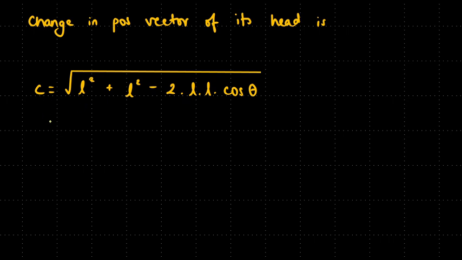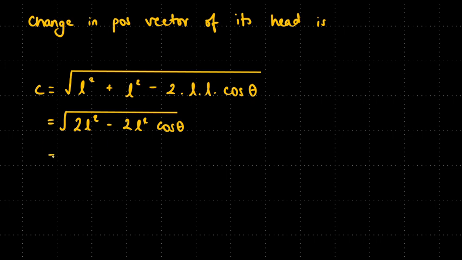This is going to be 2L square minus 2L square cos theta, and we can take 2L square common.